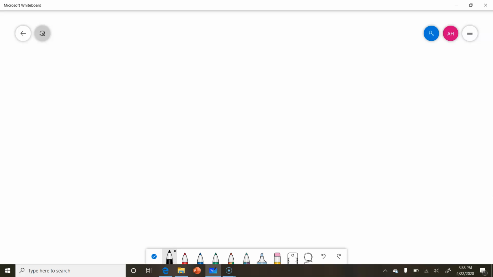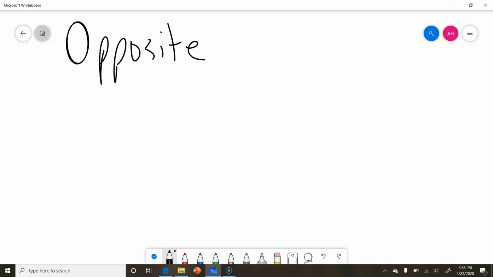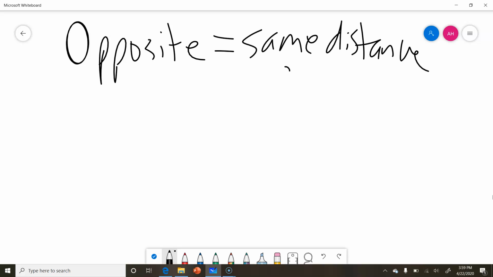One of the important things that we need to know, not only about the size there, is this definition of the word opposite. Now we easily think of opposite, right? We have up, down, love, hate, all kinds of different opposites in our lives. But in a math term, opposite means they have the same distance from 0.